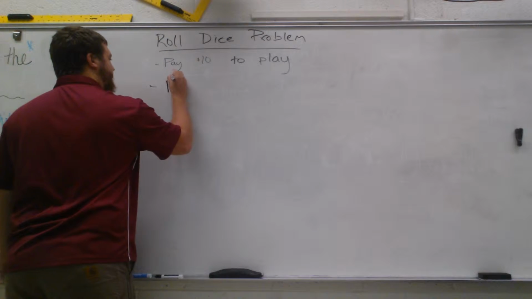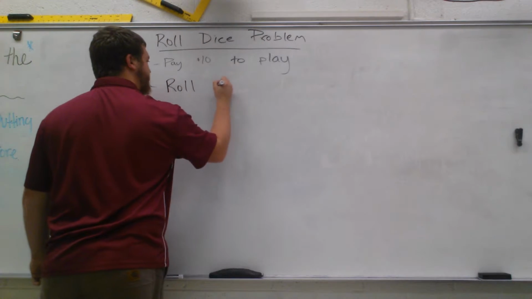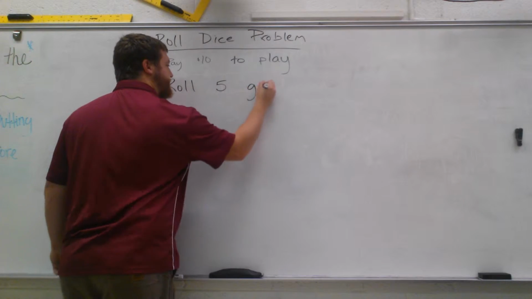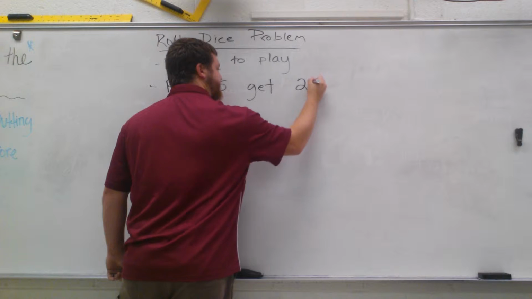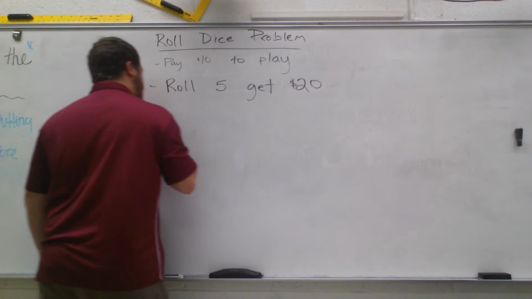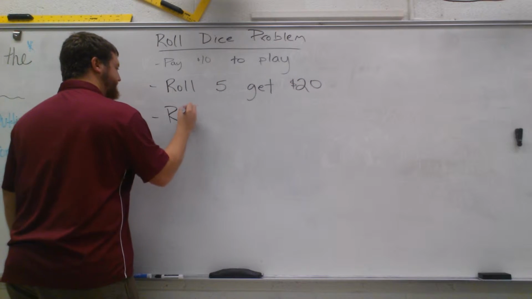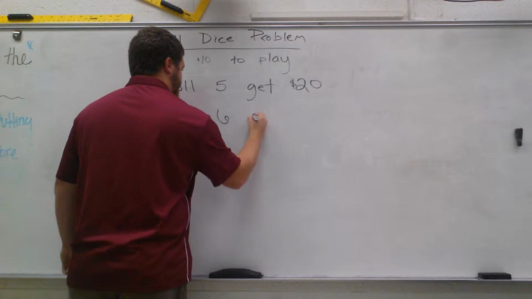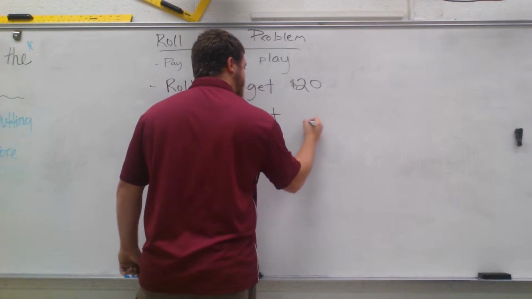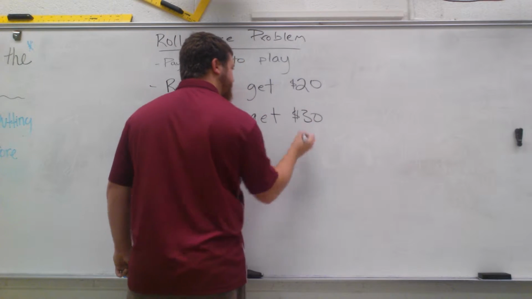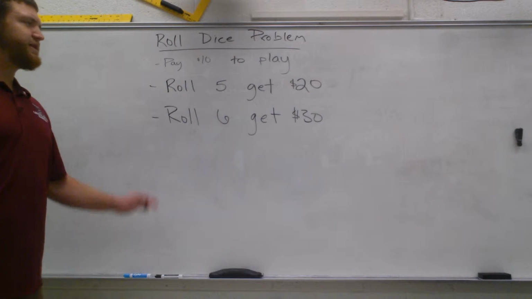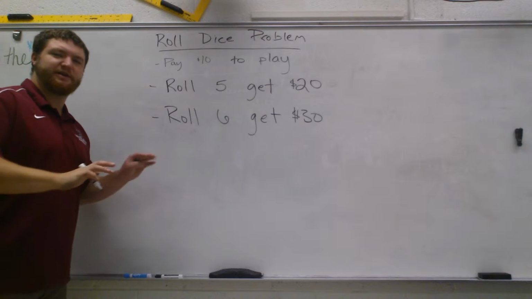If you roll a 5, you get $20. If you roll a 6, you get $30. Okay? So that's the whole problem. And we want to know what's the expected value.